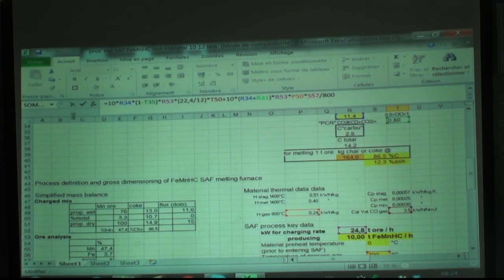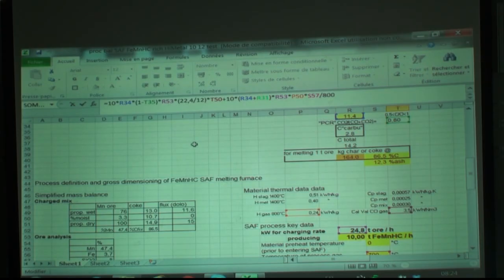So I cannot use the same because this is a volume times a calorific value per volume. And now I want to calculate the sensible heat with a calorific value per kilo. So I have to recalculate the gas rate, but in kilo.